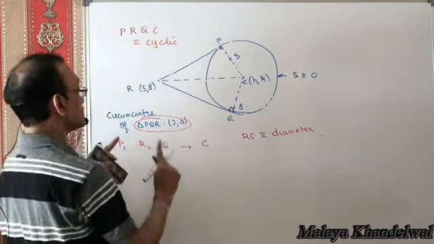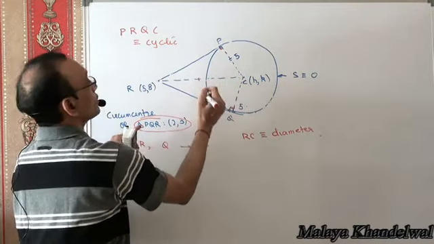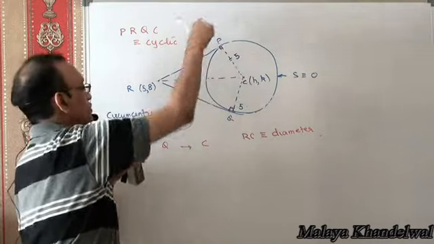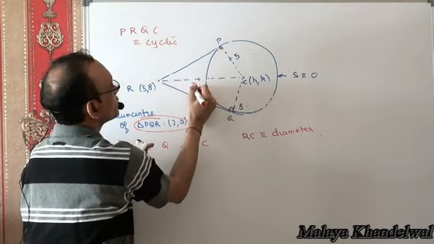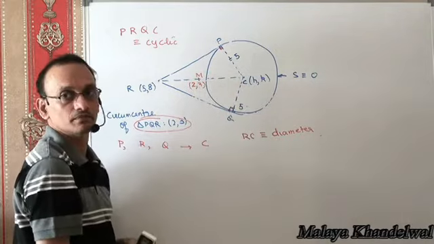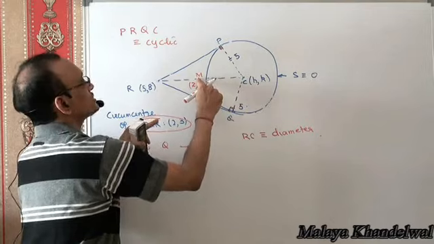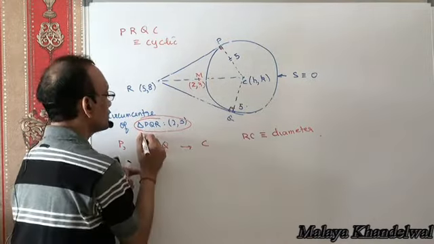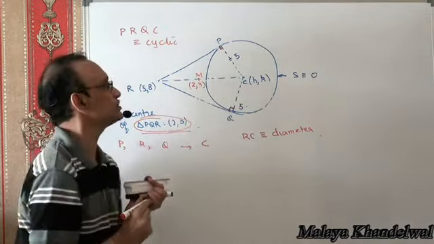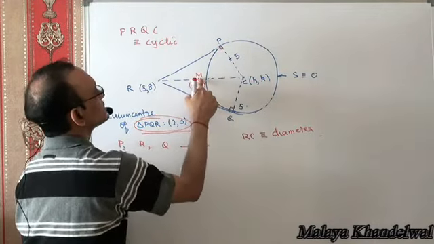That means the center must be halfway between R and C. The center of the circumcircle of PQR, which is (2, 3), must be the midpoint of CR. Now, I can find h, k because M is the midpoint.